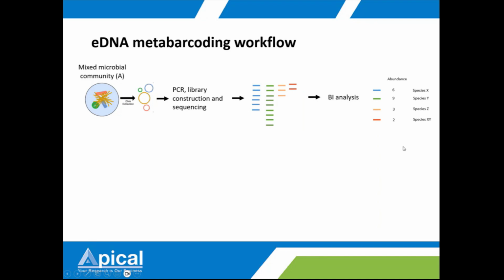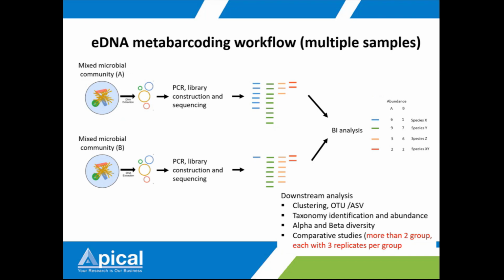Technically, this is already good enough for you to have basic information about what species are in the environment, together with the abundance, how many there are inside the environment at that particular sample collection time. Let's say this is only one sample. If you have multiple samples, or in this case multiple groups, as I mentioned earlier, you may intend to compare samples from different time points, for example January and June.